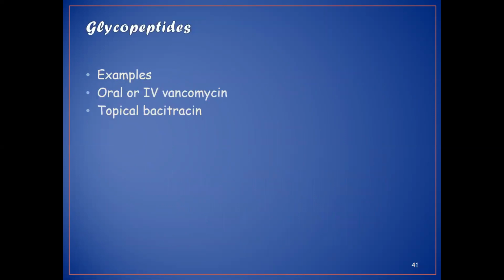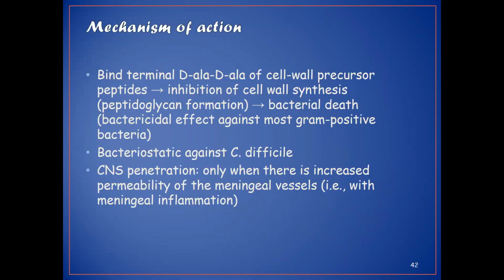Now we'll talk about glycopeptides. Examples include oral or IV vancomycin and topical bacitracin. Mechanism of action: they bind terminal D-Ala-D-Ala of cell wall precursor peptides, inhibiting cell wall synthesis. Basically they inhibit peptidoglycan formation.